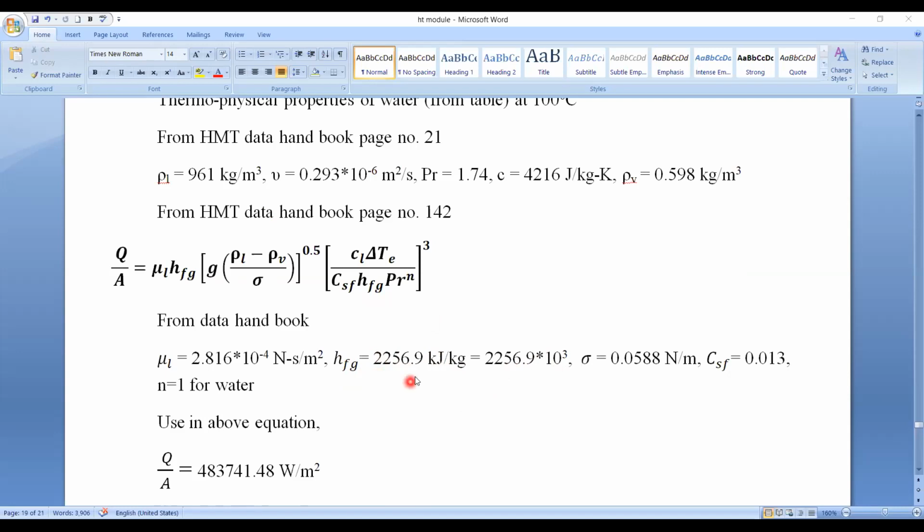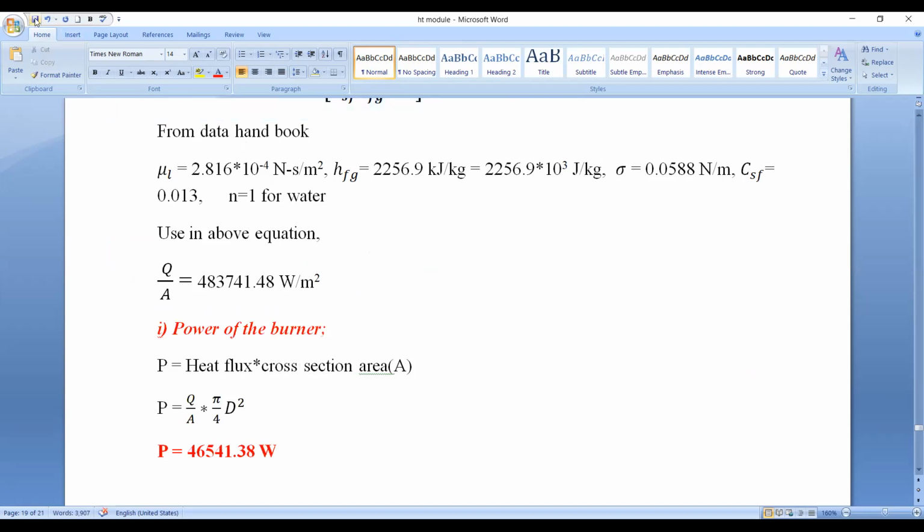You can't substitute this value of hfg directly. You have to multiply it with 10 to the power 3, and then you will get the correct answer. So its unit should be joules per kg. You have to substitute 2256.9 into 10 to the power 3 joules per kg in these equations.